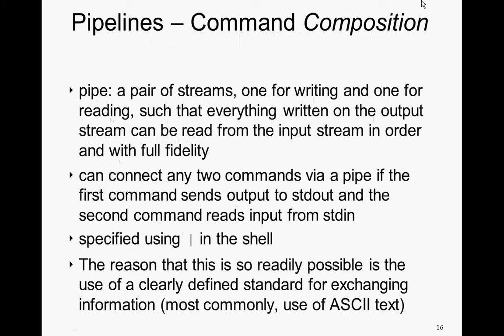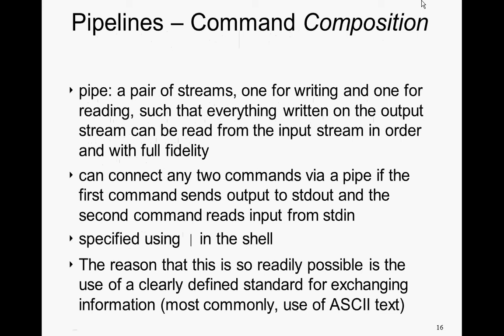So pipelines that we've already talked about allow for composition of commands. Here there's a pair of streams, one for writing and one for reading. Everything written in the output stream is read in the input stream of the other process. So we have one process outputting some stuff, and it becomes the input on the input stream for another process.